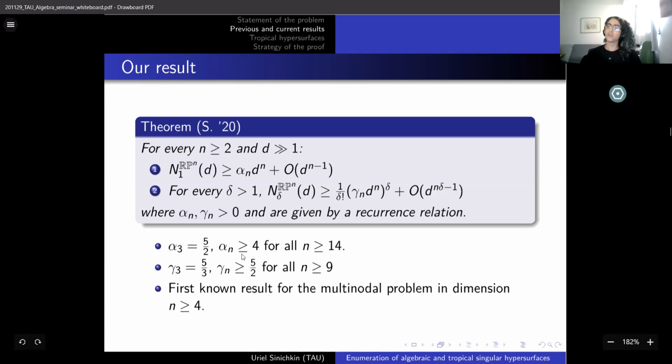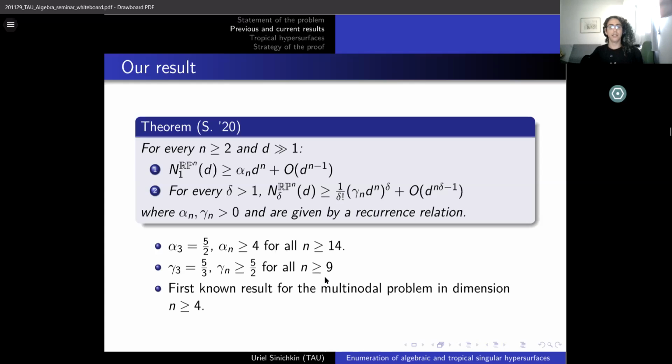I didn't prove it or calculate the constant. I only provided lower and upper bounds. So alpha n is at least 4 for all n bigger than 14. It's bounded from above by 5, if anyone is interested. And gamma n is between 2.5 and 3, at least starting from some point.